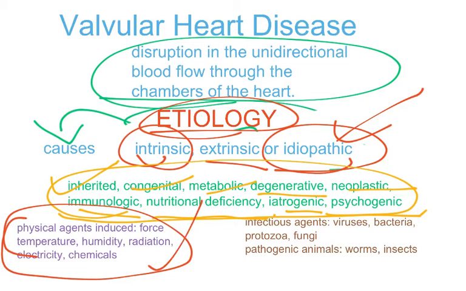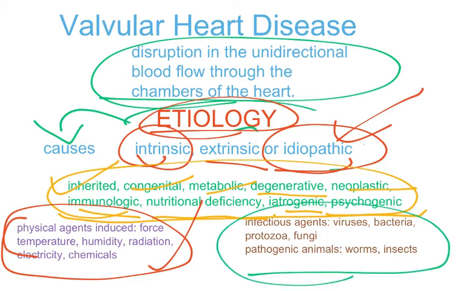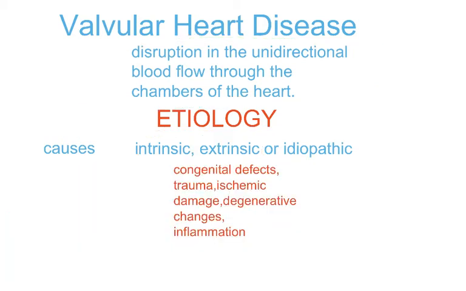And also, we're thinking about infectious agents: viruses, bacteria, protozoa, fungi, pathogenic animals, worms, insects, and as we know with the COVID-19 virus, right? That's an example of an etiology. What is the cause of the patient's illness? Okay, so in terms of valvular heart disease, right?